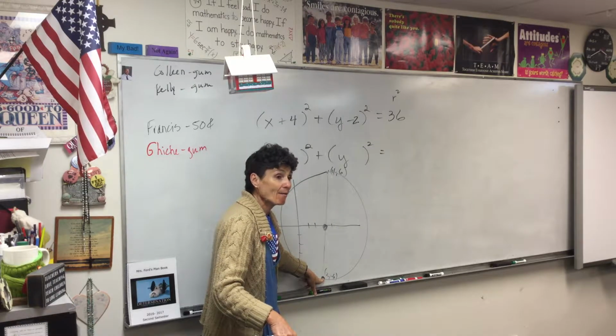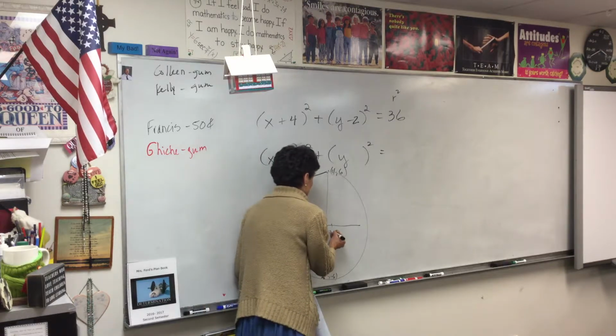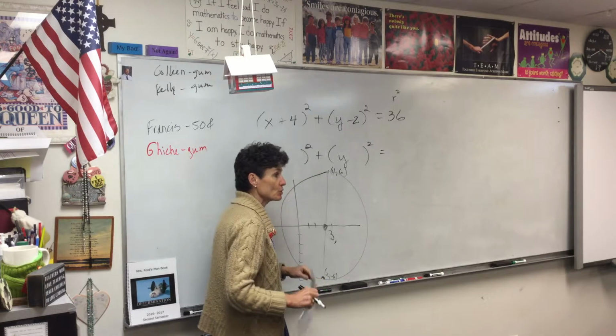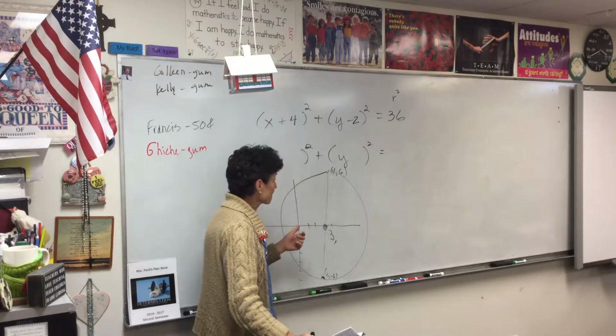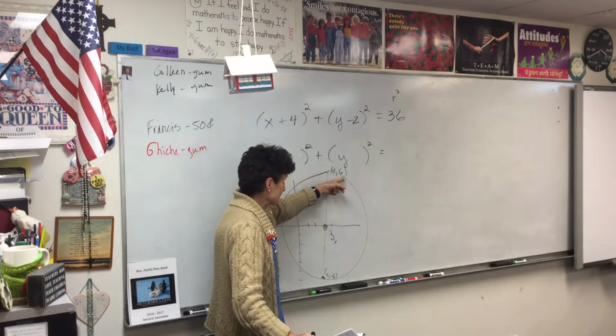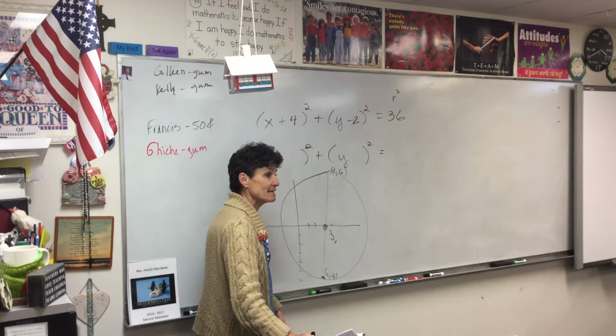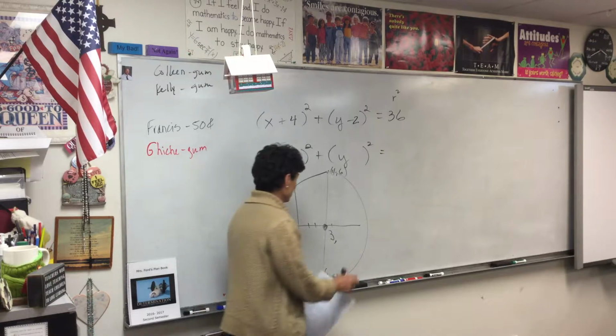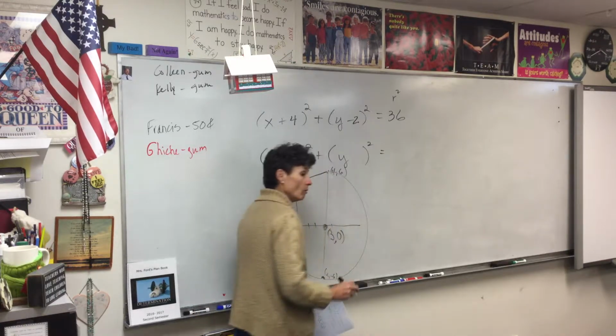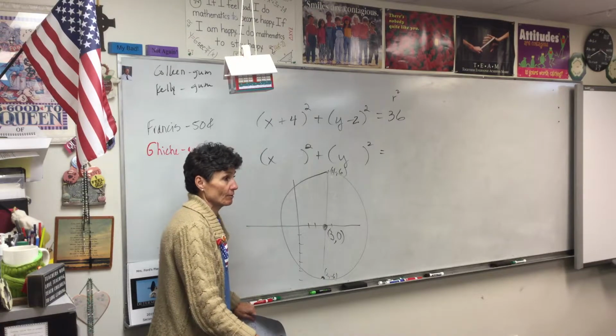What is the average of 4 and 2? 3. How do you average things? Add them up, divide by 2. All right, so one of your y's is at 6, one of your y's is at -6. 0. The average is 0. That point is your center.